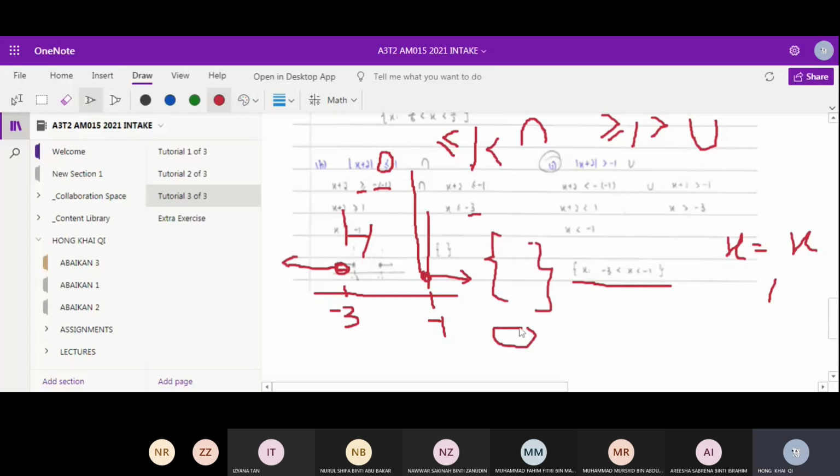You can write x equal to empty set, or just draw the bracket like this. Okay. Do you really understand? Really. Seriously. Okay.